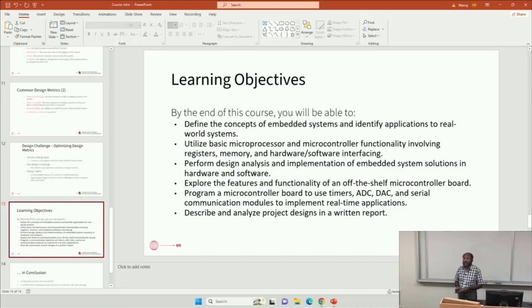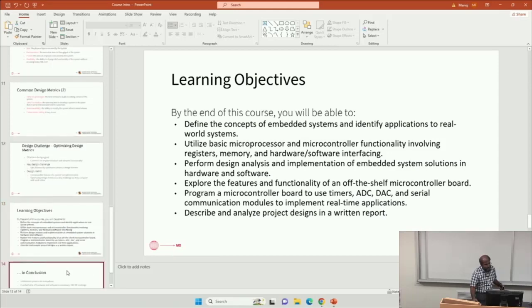We'll be using an ARM-based board to do some designs, and you would also be doing an embedded systems project with the ARM board. Then write that in a report, make a presentation, things like that. So that's the overall objective in this course.